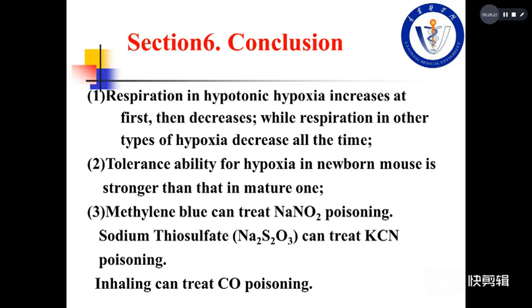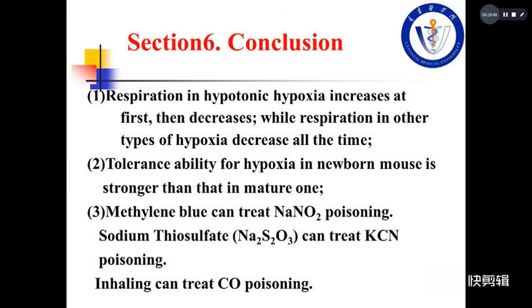Now, section 6, conclusion. Now the first, respiration in hypotonic hypoxia first increases and the next decreases, even stops. While respiration in other types of hypoxia decreases all the time, no increase.